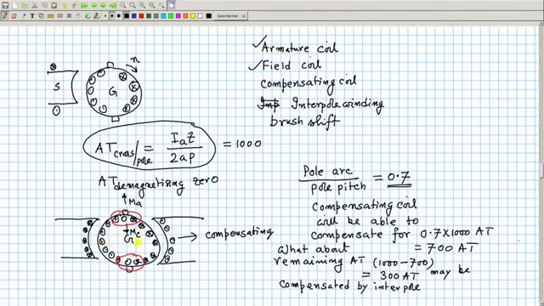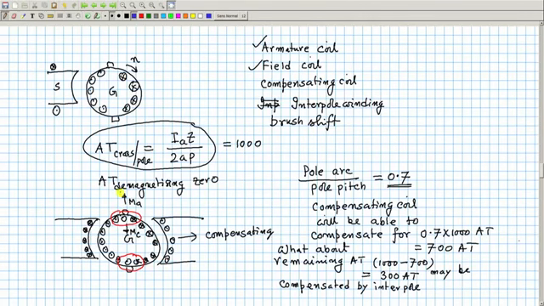Therefore, there will be a compensating coil which will compensate for about 70% of the total cross-magnetizing ampere turns per pole of the armature, and the remaining 30% will be compensated by the compensating interpole winding.